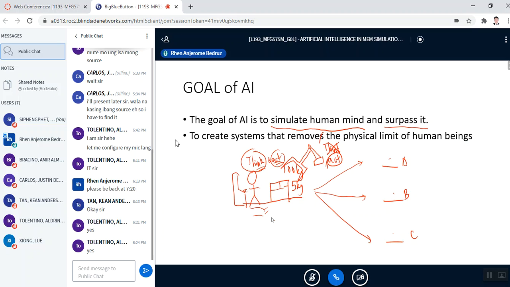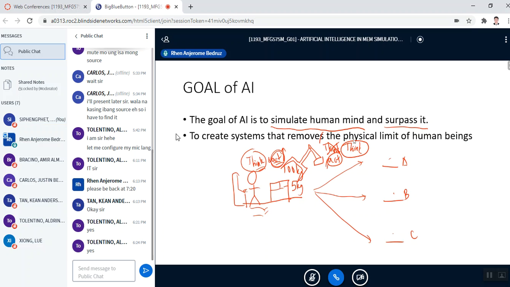We have physical limitations, while machines, virtually, have no physical limitations. So instead of improving the acting mechanism of human beings, we put a good thinking mechanism into this robotic arm. Am I understood?